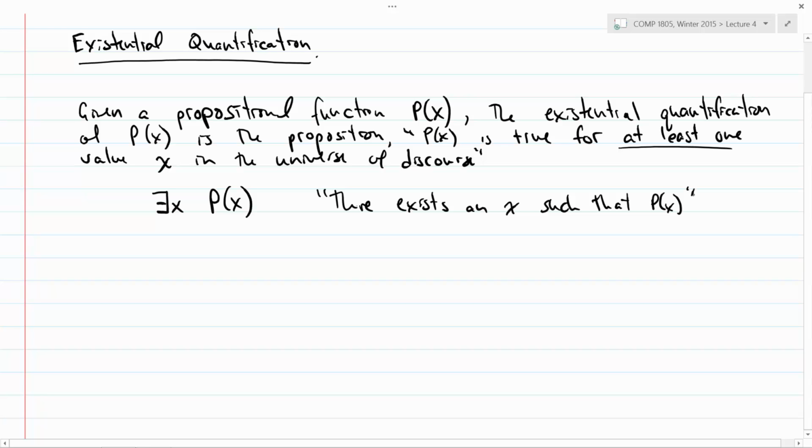That's how I would read that. This symbol, the backwards E, is called the existential quantifier. All right, so we've seen two of them. We've seen one that looks like an E for exists and one that looks like an A for all.